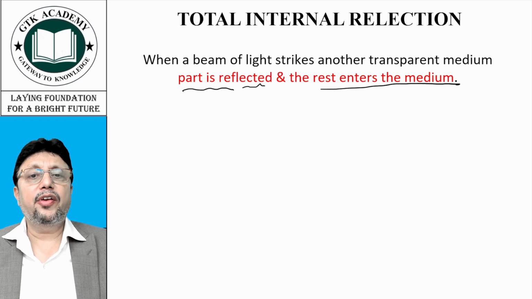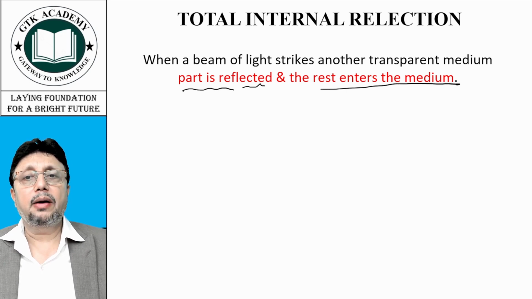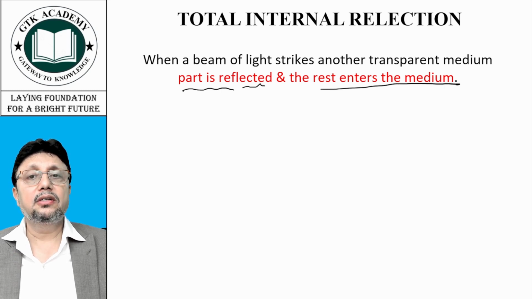So you may be wondering, okay, why does it happen like that? When it is striking a transparent medium, why is it reflected? Only refraction should be there, but it happens like that.